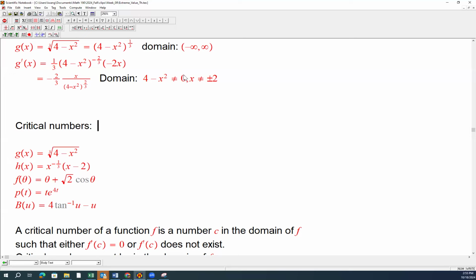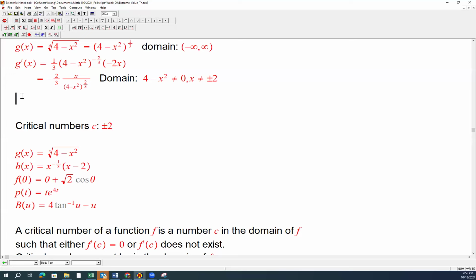The critical numbers already include plus 2 and minus 2, because those are the two numbers where the function is defined, but the derivative is not.